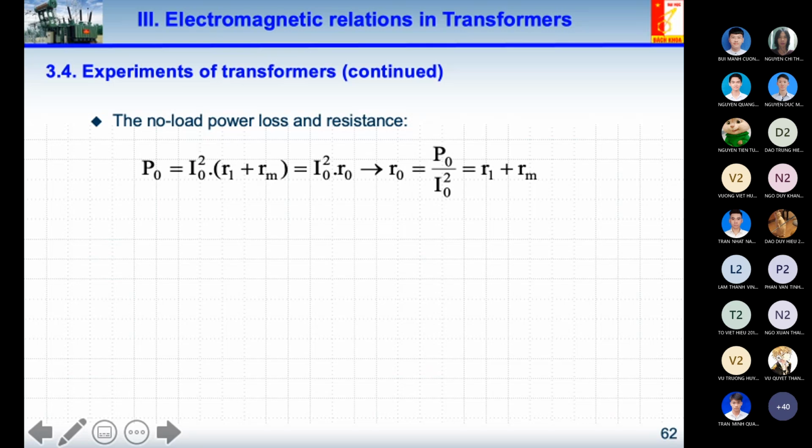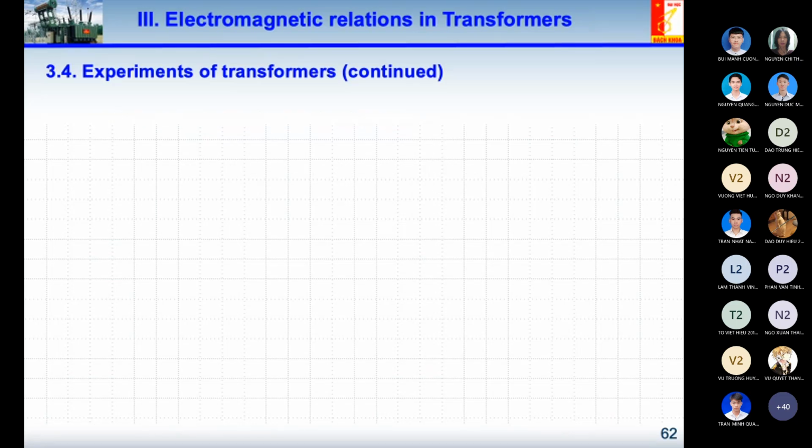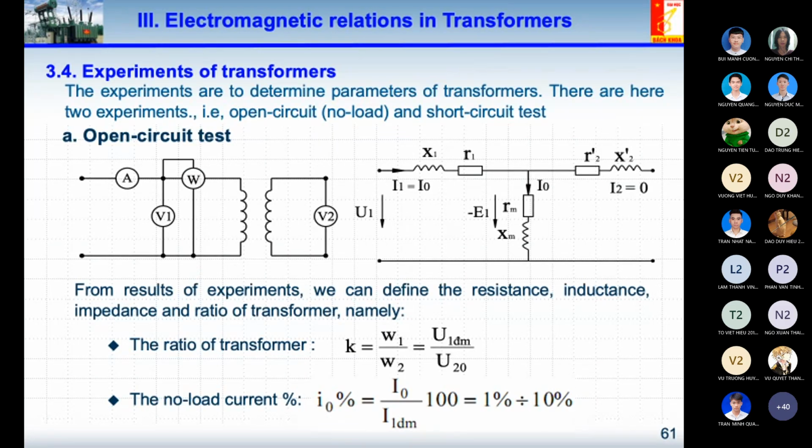So have a look at this slide. When you do the experiment at the laboratory, you have to measure, as you can see in this diagram, the no load current, the no load voltage and the power loss.